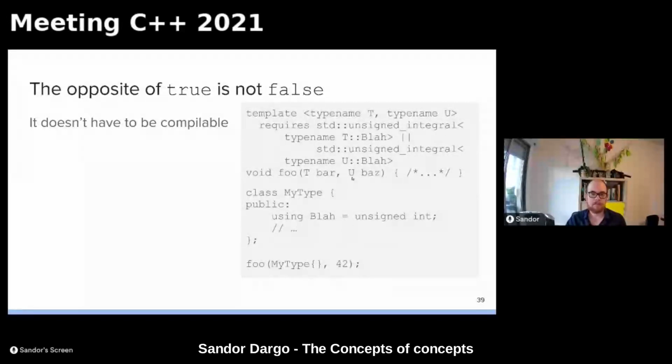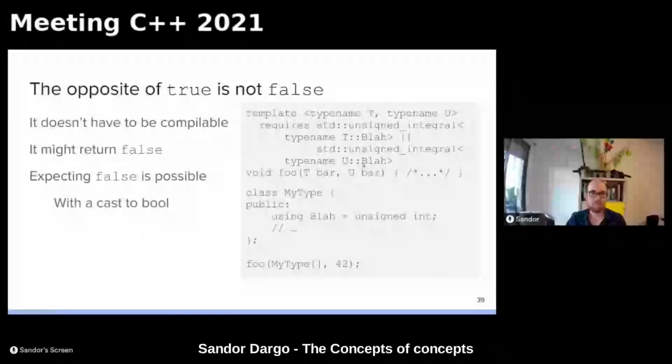And then we pass in 42, which we put here instead of the U, but it doesn't have obviously a blah. So this wouldn't even compile. Yet, these requirements are satisfied.